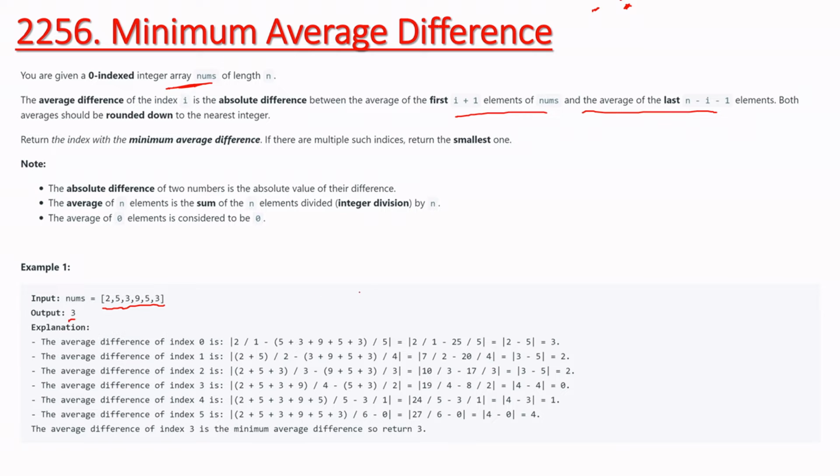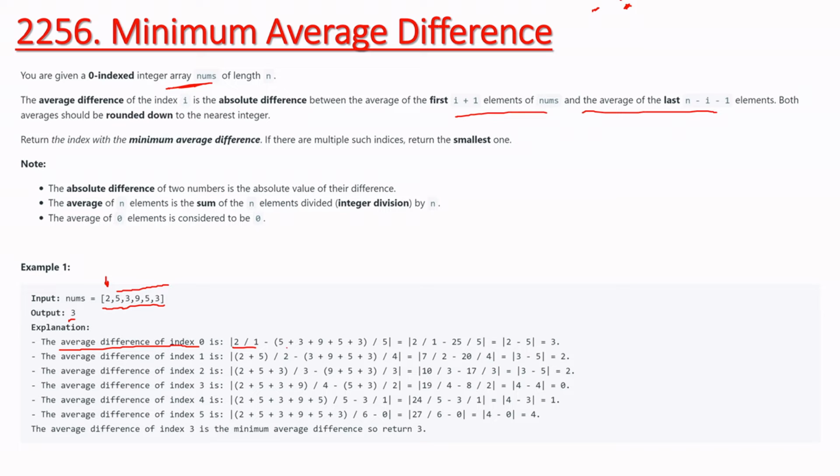As you can see, the explanation says that the average difference at index 0 is 2 divided by 1, since at index 0 we have 2, minus the rest of the elements after 2.